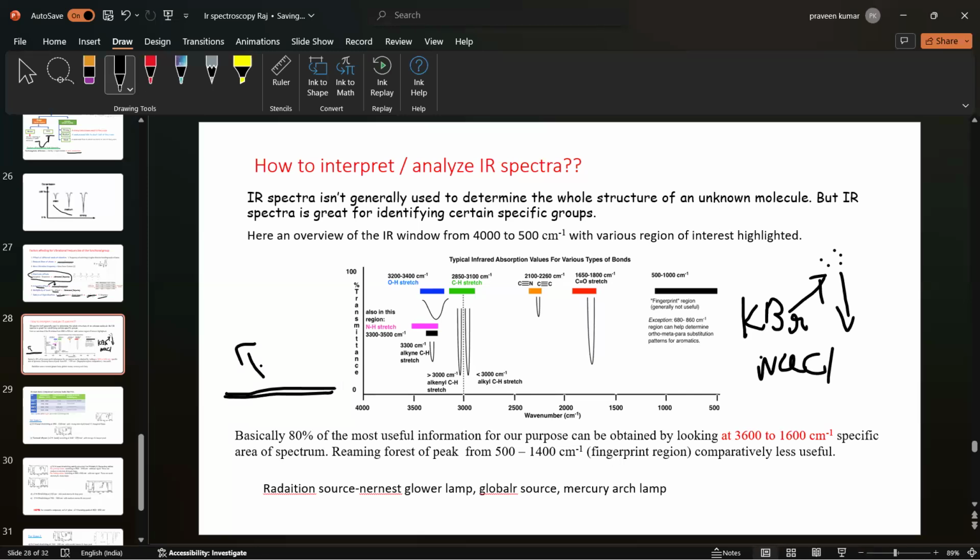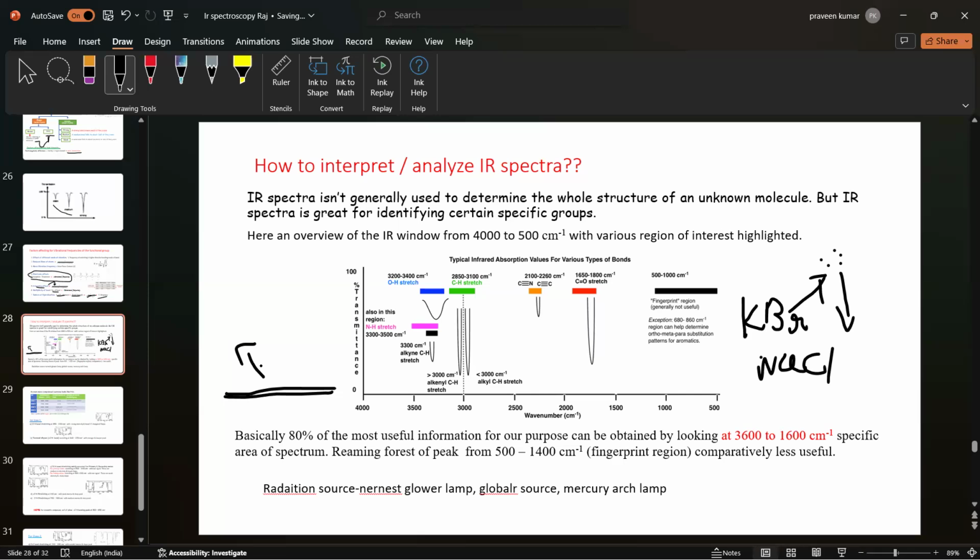Do you know which materials are used for the calibration of the IR? How is the IR calibrated?